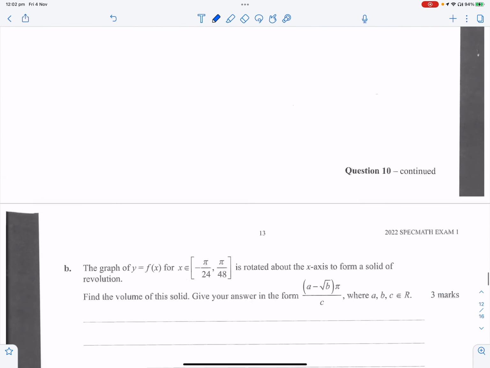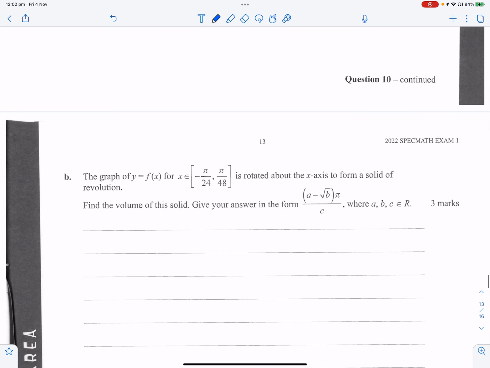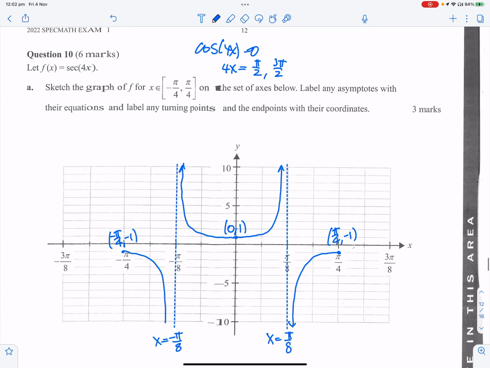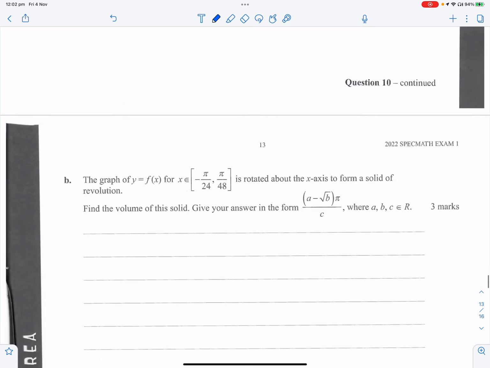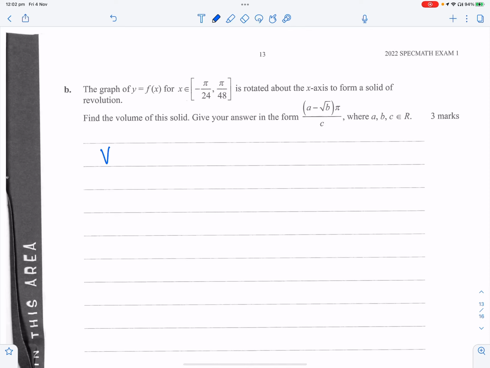Last question. For the graph of that, it's rotated about the x-axis to form a solid of revolution. So our function, f of x, is that. So our volume is going to be the square of that. So volume is pi times the integral of sec squared 4x dx between negative pi on 24 and pi on 48.